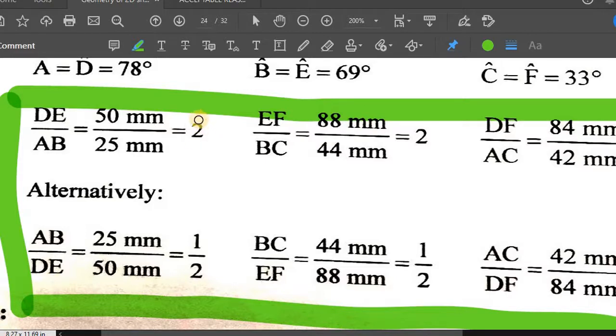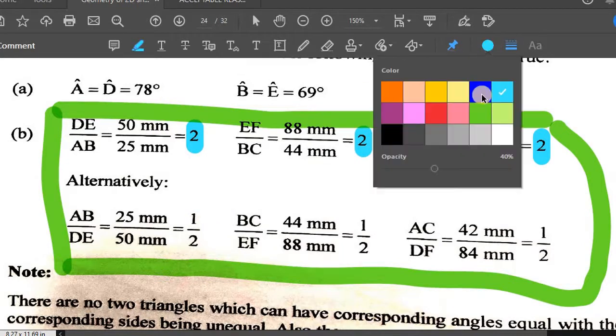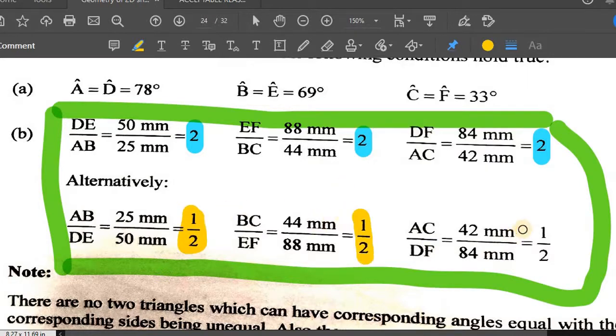The teachers are looking to see that you have it in ratio, that the answer is 2, 2, 2, or that we've got the half, half, half. That is what we're looking for, right?